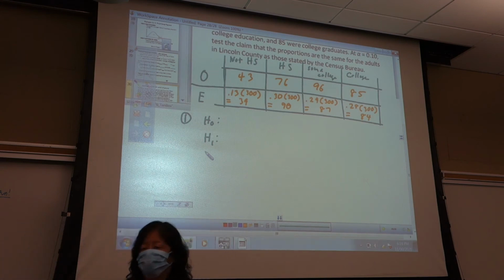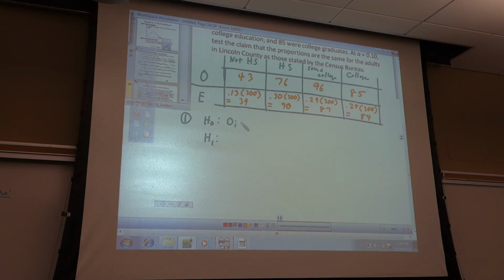H naught is always, always, always O sub I equals E sub I. And what's H1? Not equal. My claim is going to be H naught, because for chapter 11, that's always going to be my claim. I'm going to use the word reject later on for step 5, sorry.